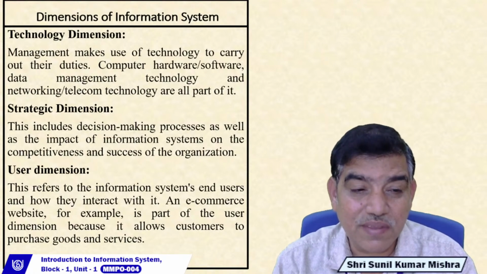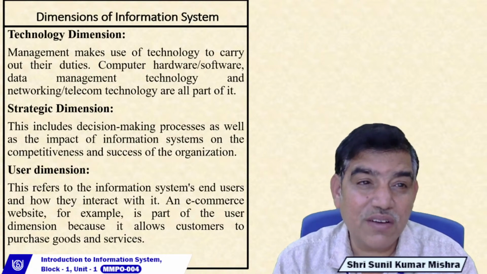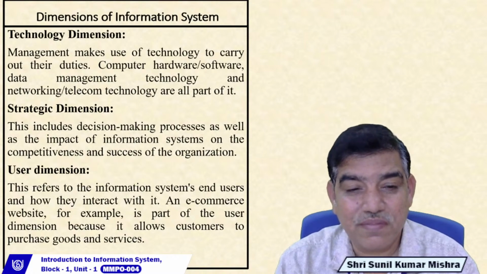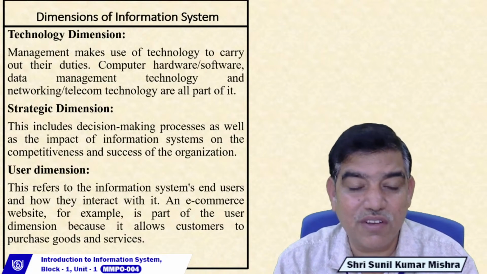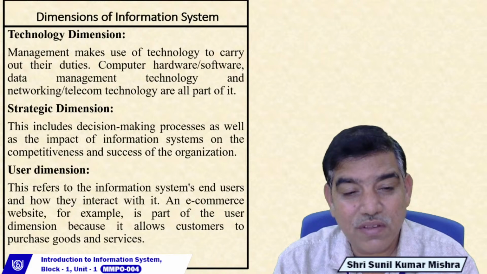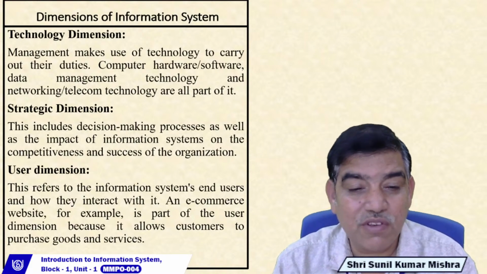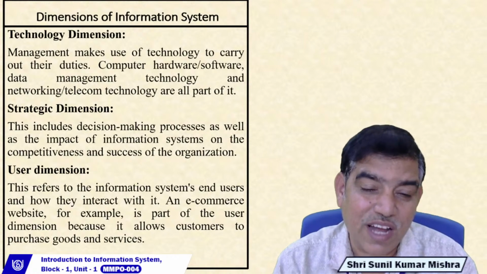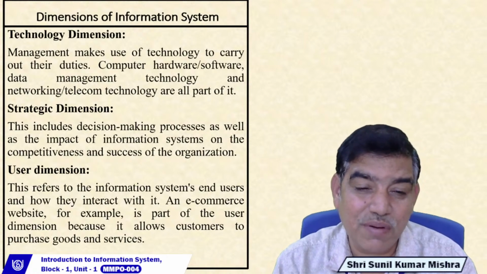That's why the user dimension plays an important role in the dimensions of information system, because there are a number of users. The users may be a customer, a low level employee, a manager, or the top level people. So as per their need, they need information from our information system.